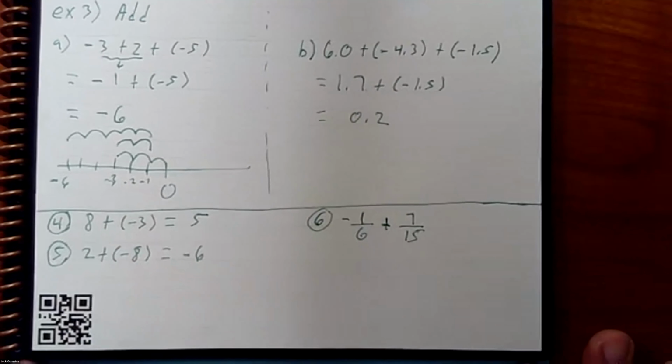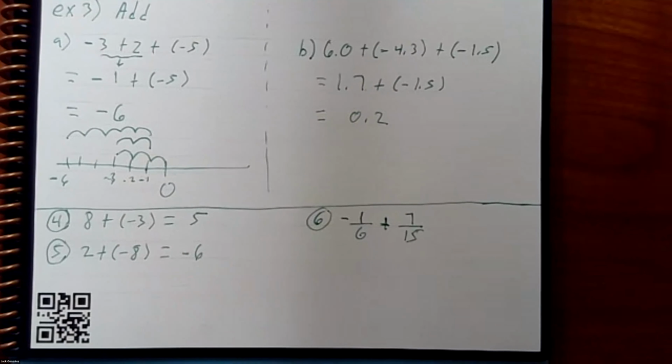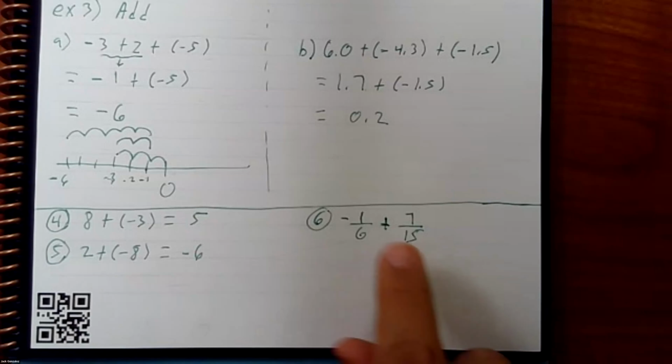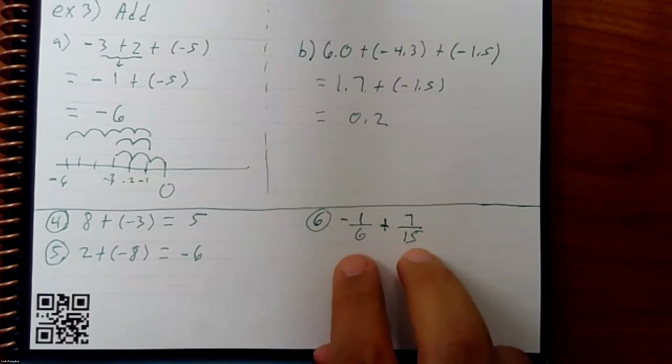How do we get there? That's what this is about, right? We need the LCD in order to add them. Right now we cannot add them. They're not the same. We need the same denominator on the bottom.